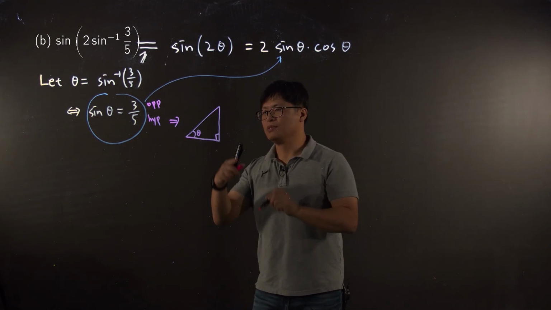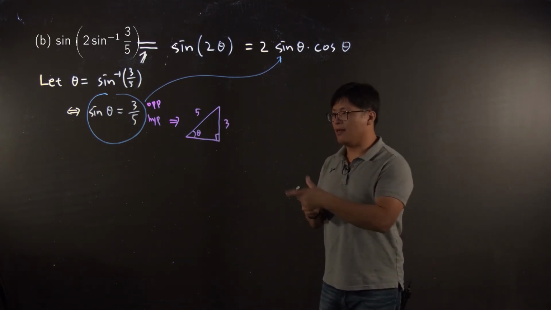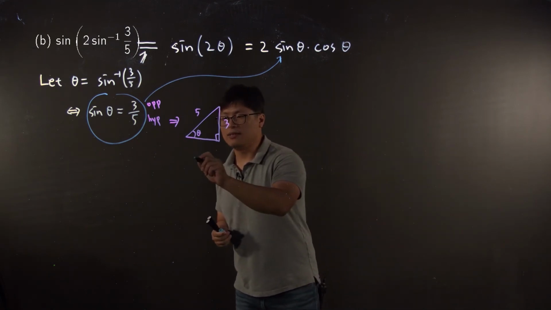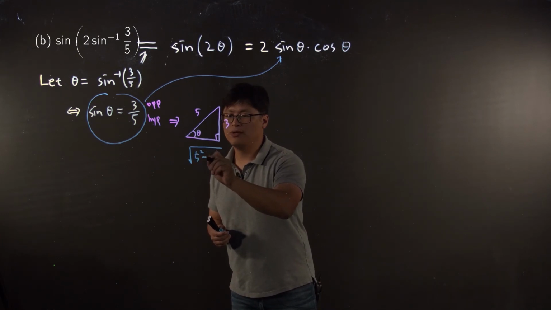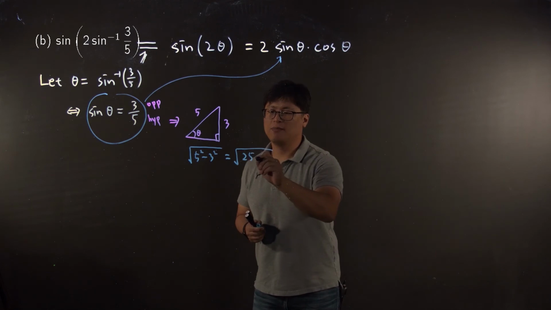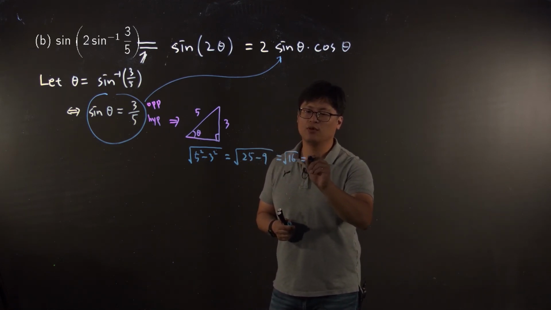Opposite is 3 and hypotenuse is 5. Then we can easily find the adjacent side by the Pythagorean theorem, which is the square root of 5 squared minus 3 squared, which is 25 minus 9. That is the square root of 16, which is 4.